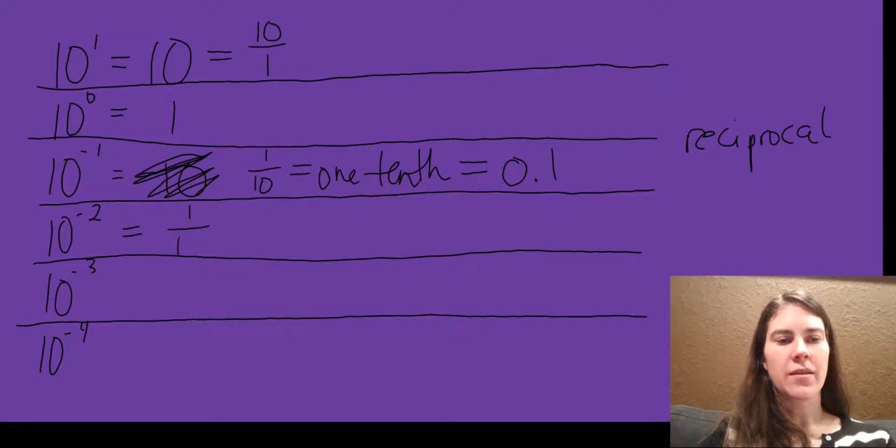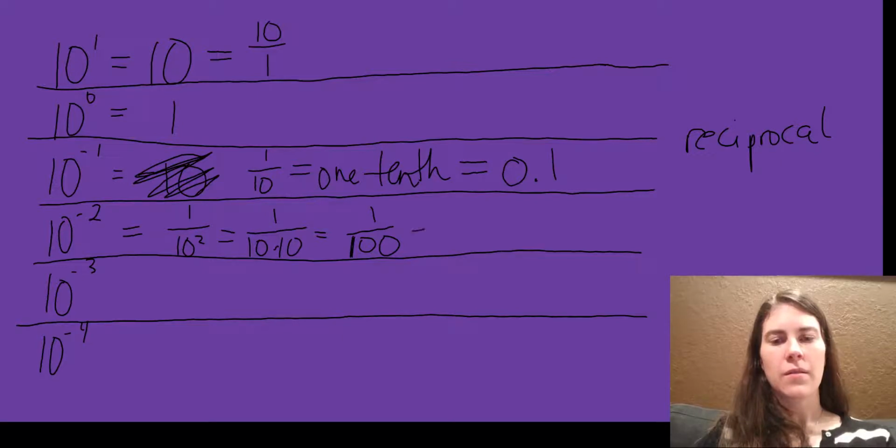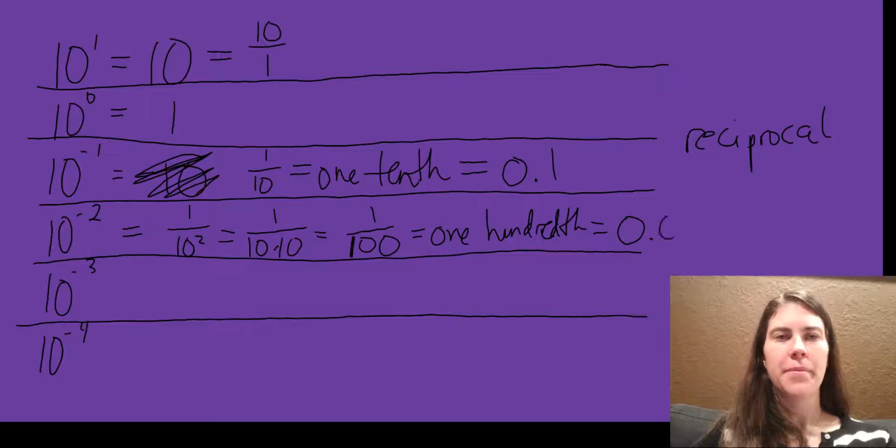So 1 over 10 squared is equal to 1 over 10 times 10, which is equal to 1/100th. In decimals, we write it this way.